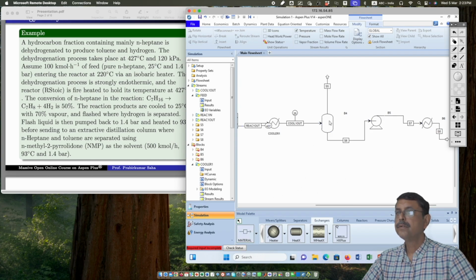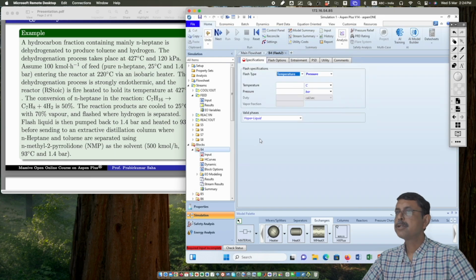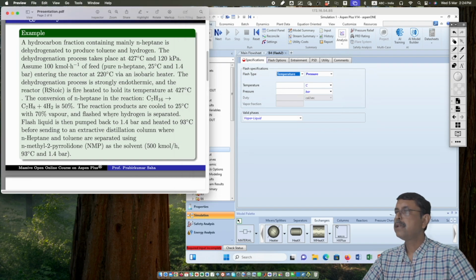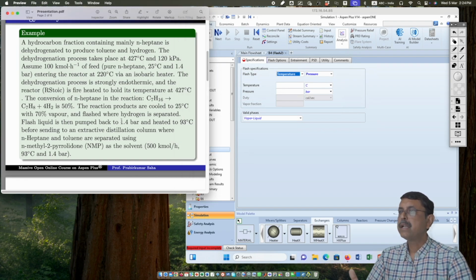So open the flash. Now, nothing is said about the flash. What temperature, what pressure. So we will assume the pressure is constant. Okay, there is no pressure change and there is no heat duty. So it is just a separation of vapor and liquid.